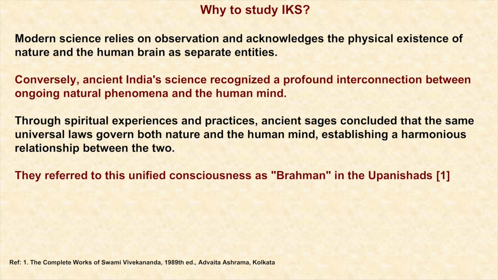One is complementary to the other. They reached this conclusion not overnight. They did many years of sadhanas, and through their spiritual experiences and practices, they reached this goal. They referred to this unified consciousness as Brahman in the Upanishads.